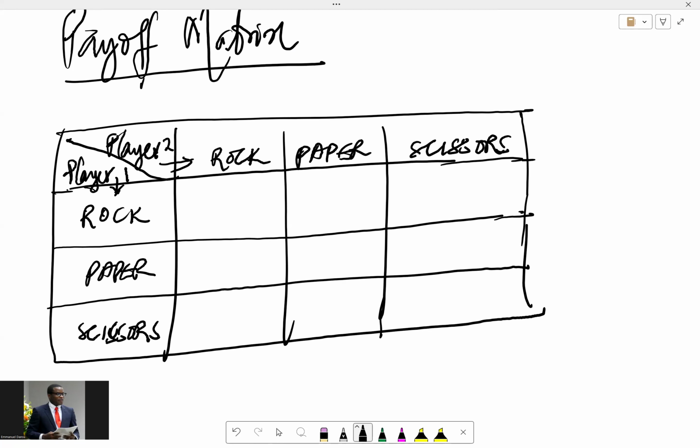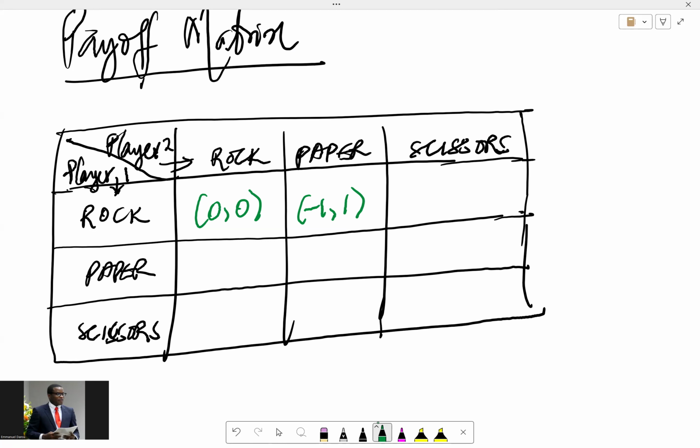All right. So now see what happens if player one goes rock and player two also goes rock. That will be a tie, so the payoff for both of them will be zero. But if player one goes rock and player two goes paper, player one loses a point and player two gains 1 point, because paper dominates rock.